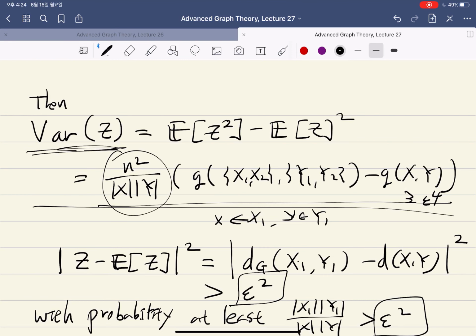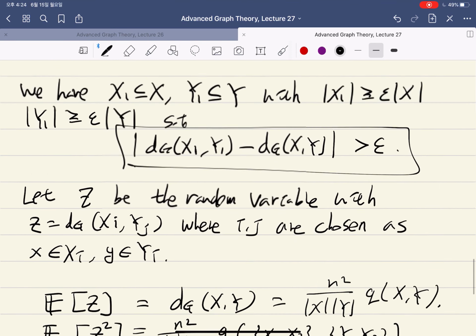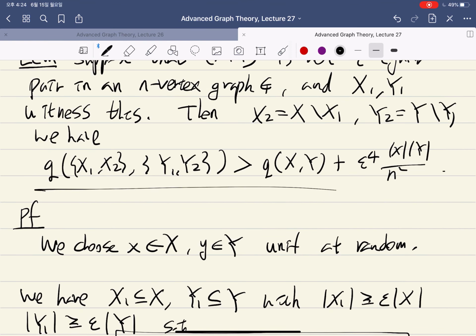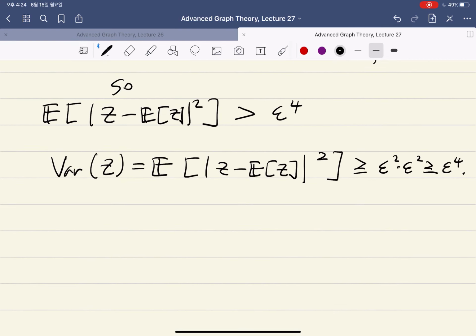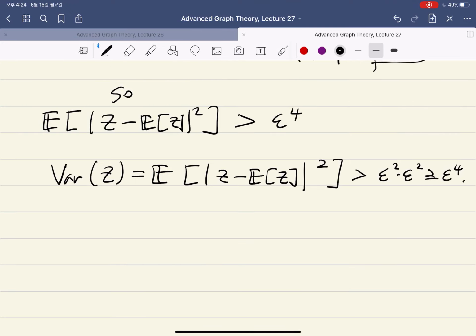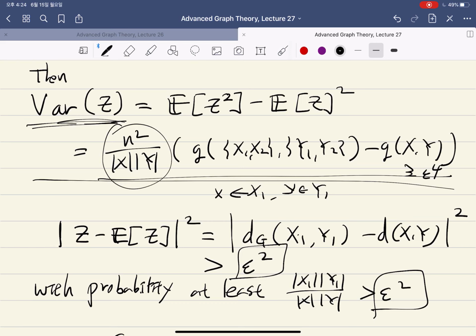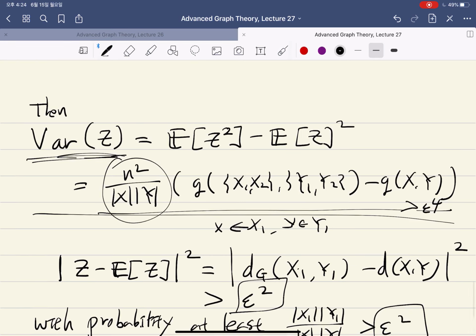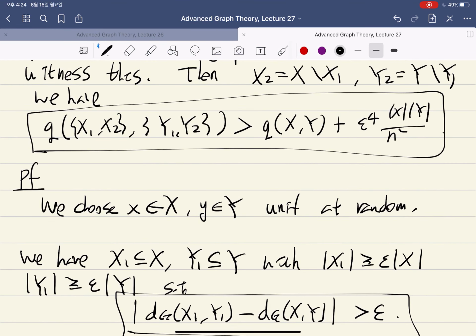So you divide this on both sides, then you get this inequality. Maybe you delete the equality here. Yeah, and this is a strict inequality. So you conclude this.